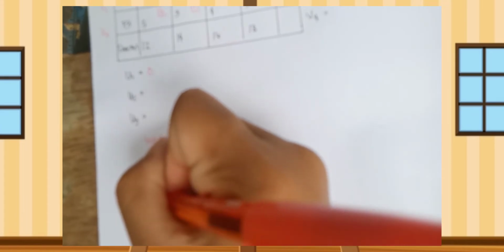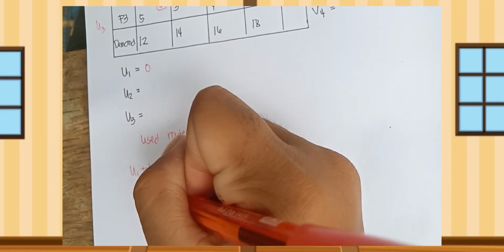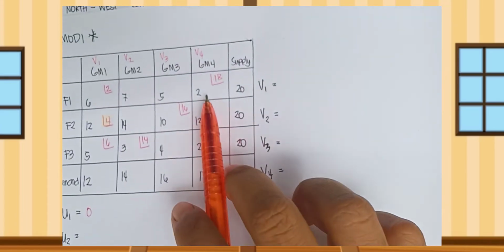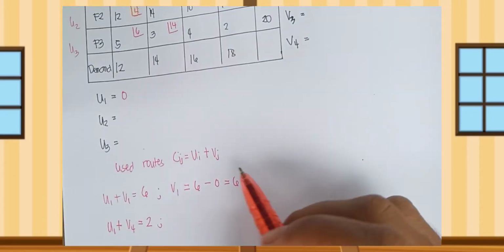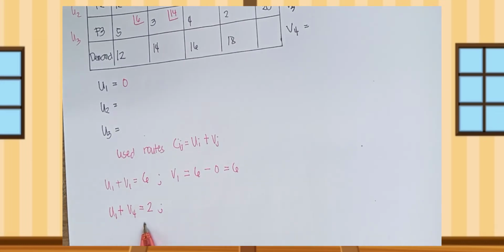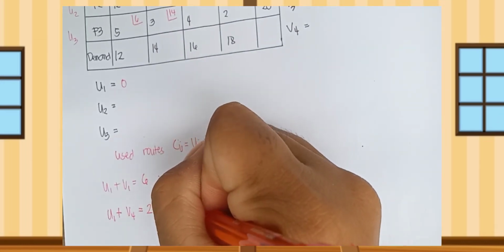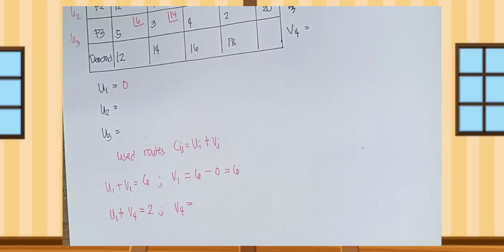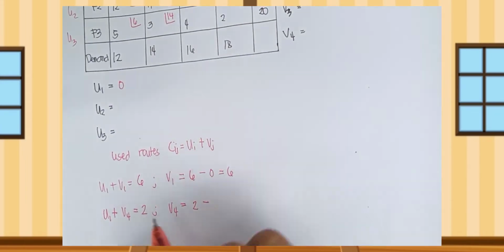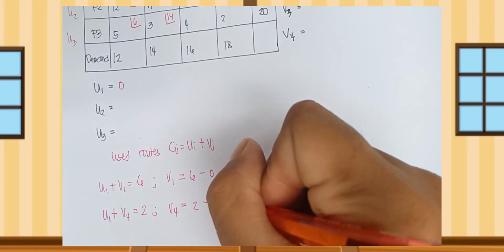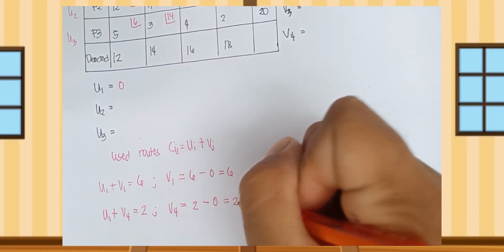So U1 plus V4 is equals to Cij of 2. So we have to find the value of V4, which is equals to the Cij of 2 minus the value of U1 which is 0, is equals to 2.